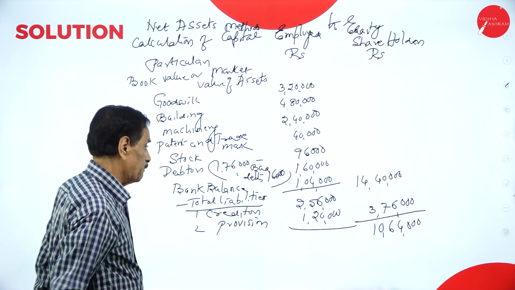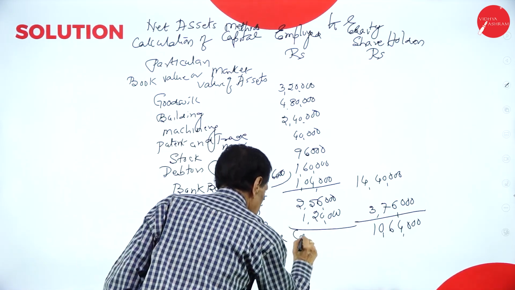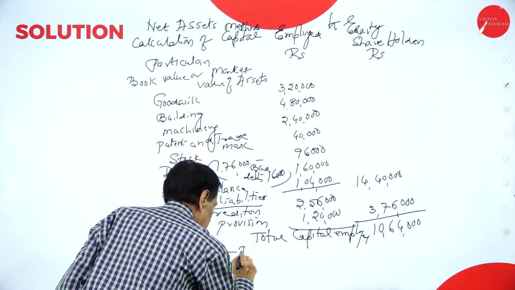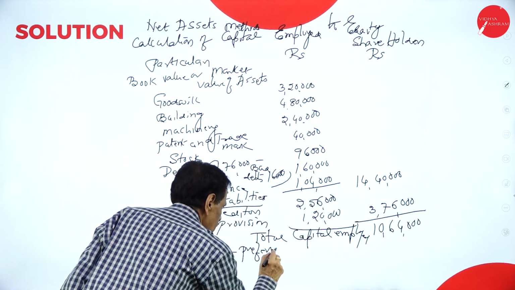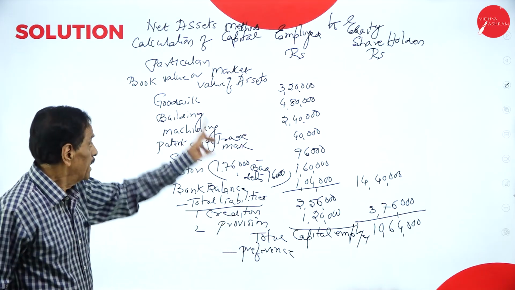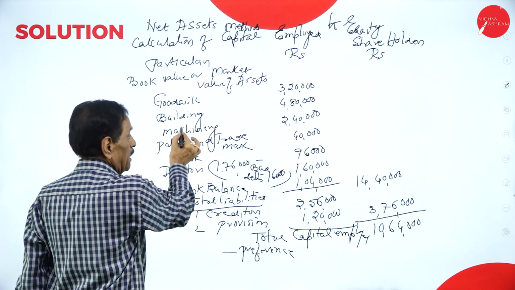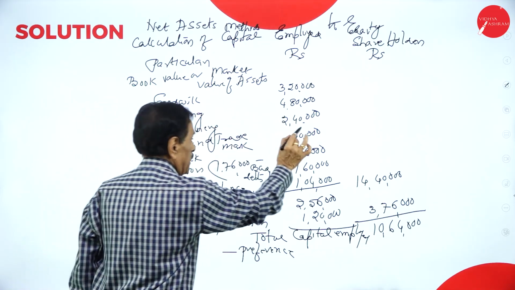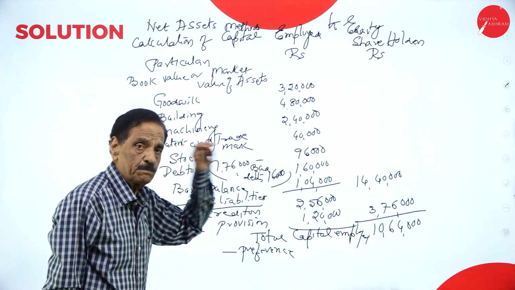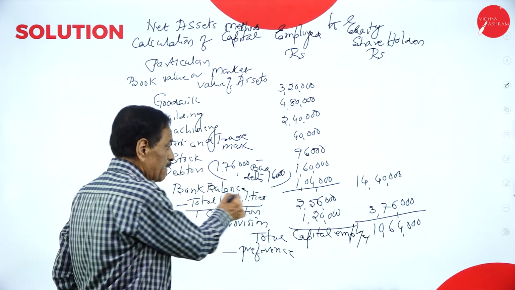Total capital employed minus preference share capital. First, we have to take the total asset, either the book value or the market value. So goodwill is extra, building is at market value, machinery is at market value, patent and trademark as per the book value, stock as per the book value, debtors as per the book value, bank balance as per the book value.